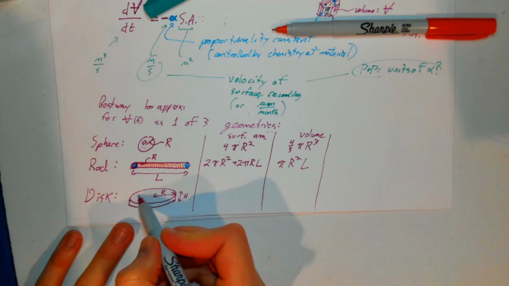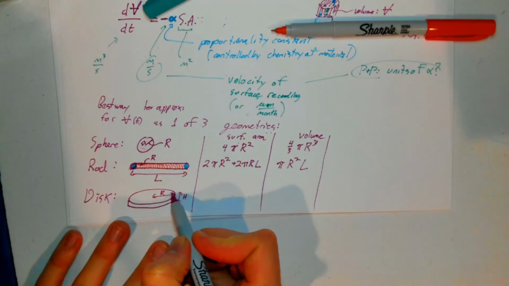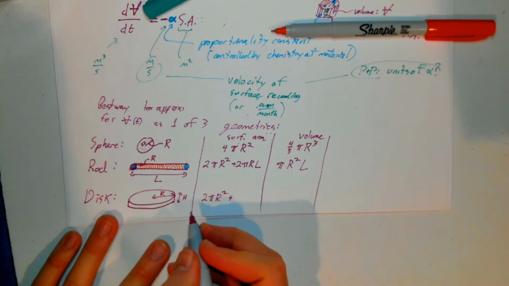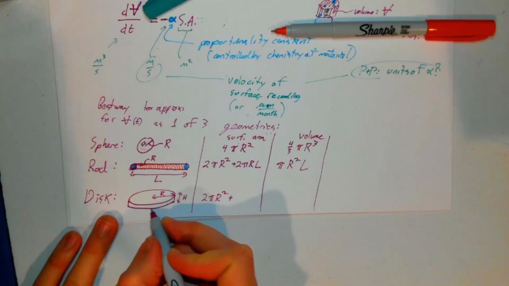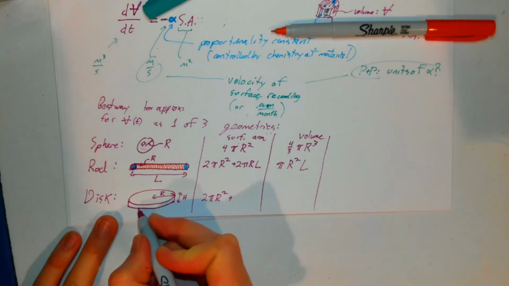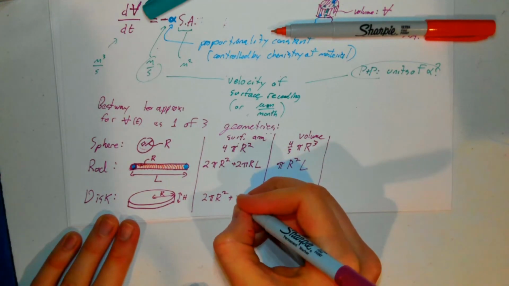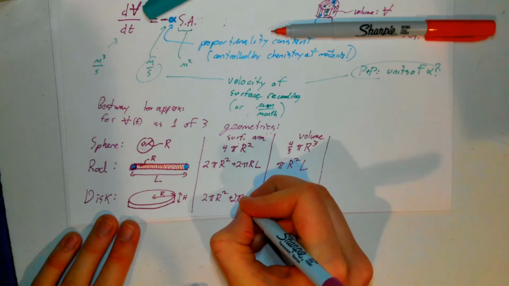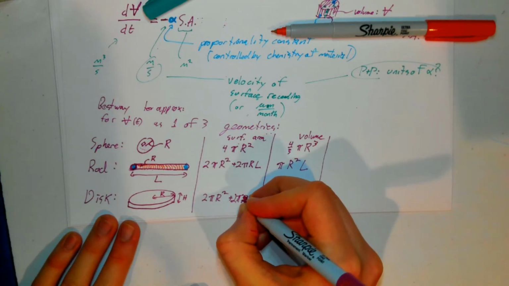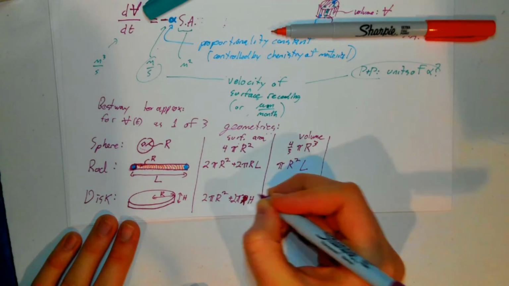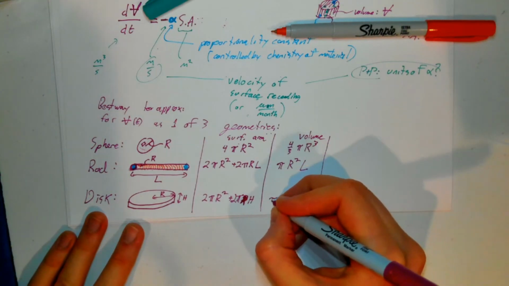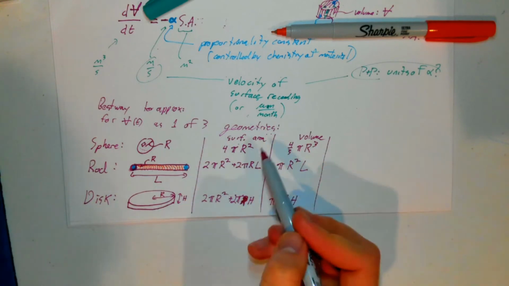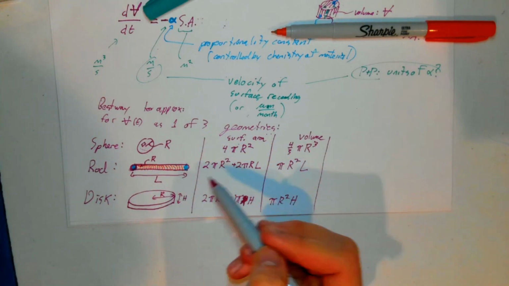We have a top circular face and a bottom circular face, so we have 2 pi r squared, and then we also have the edge of the coin, almost, which would be 2 pi r h. And then the volume would be pi r squared h. So this is basically what we can characterize here.